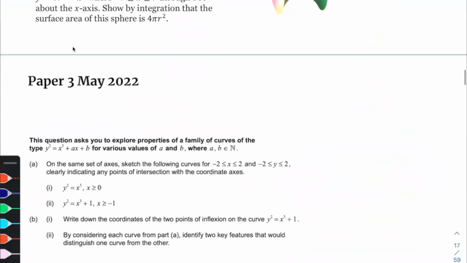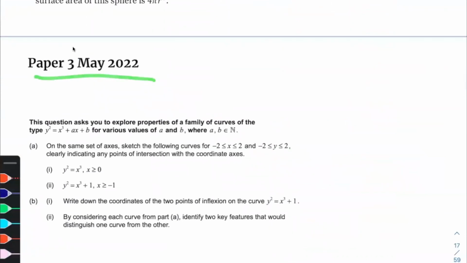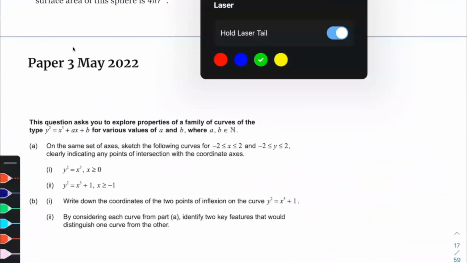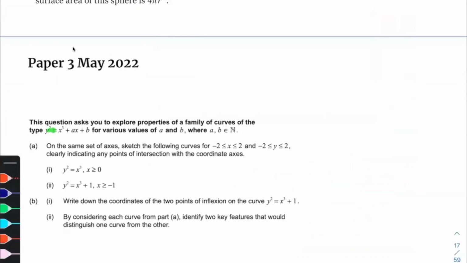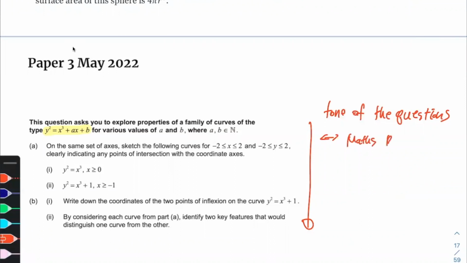Sure. So if I have a look at the May 2022, it does not mention anything about the special feature of this equation. It just asks you to investigate. As you can see, the tone of the questions is very much like the math portfolio in the past.